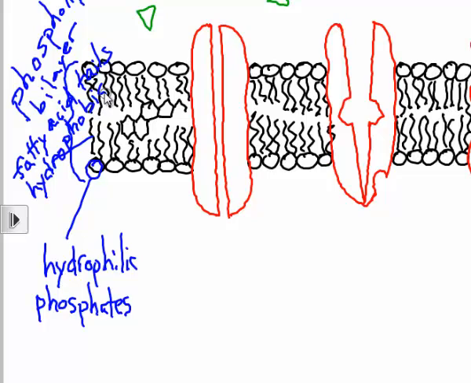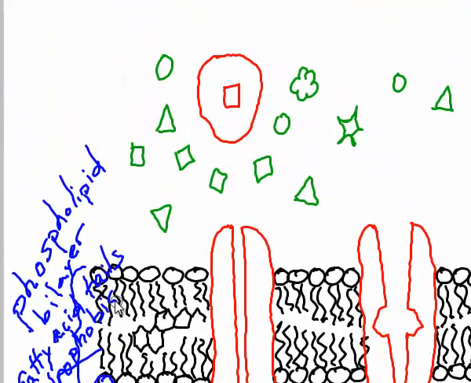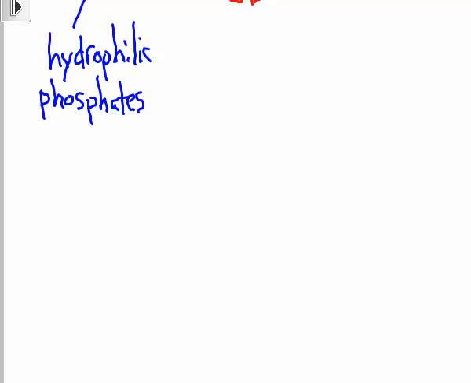And that's why they associate in this bilayer format where the fatty tails are facing each other, excluding water molecules, and the phosphate heads are facing the water on the outside of the cell and on the inside. So we can label the outside the extracellular environment and the inside the intracellular environment.